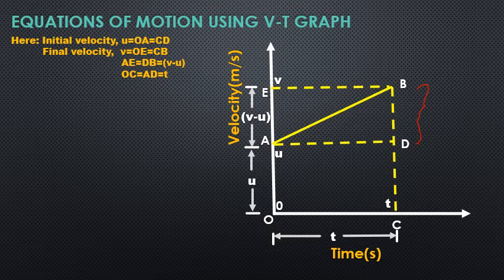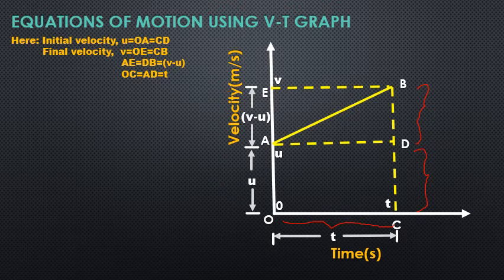Similarly, OC and AD are equal to each other and they are equal to time t. Also, the distances OA and CD are equal to the initial velocity u, and OE is this distance, the final velocity v. All right, so these are the main quantities involved in the derivation.